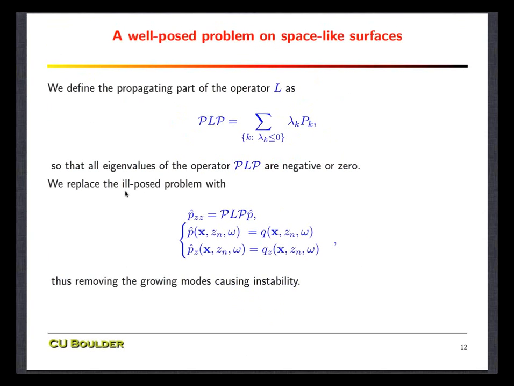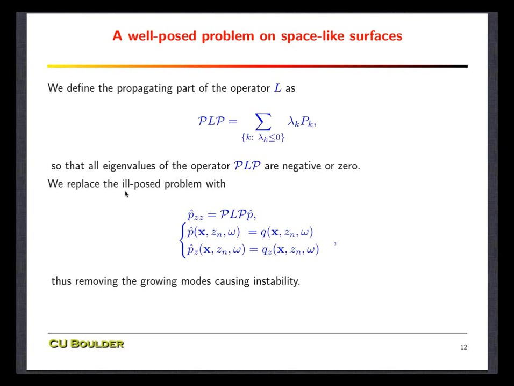So if we surround our operator L by these projectors, all it does is simply remove all the positive eigenvalues and corresponding modes. It's very, very simple in that regard. I'm simply suppressing all evanescent waves. Everything that I don't like, I kill. That's it. And then this reformulated problem is no longer ill-posed.